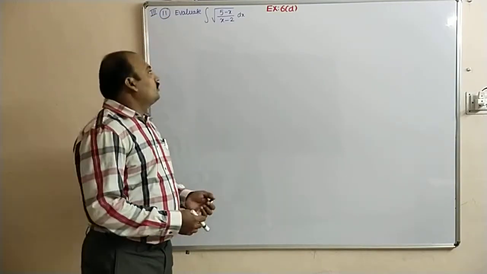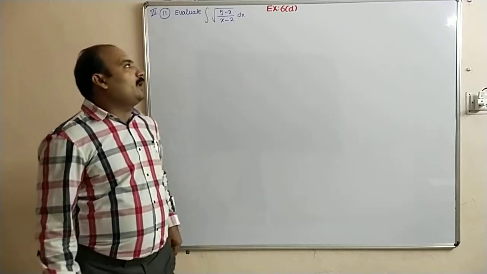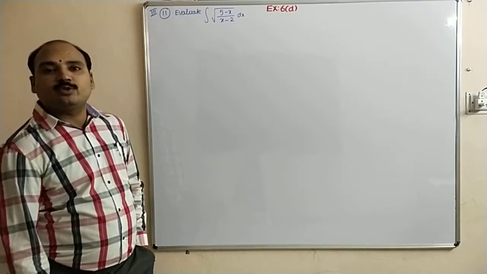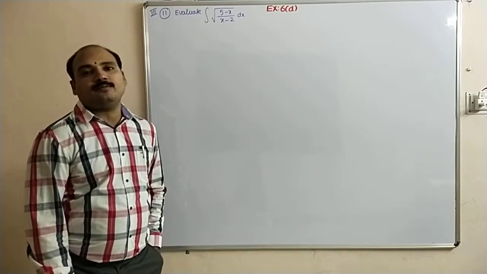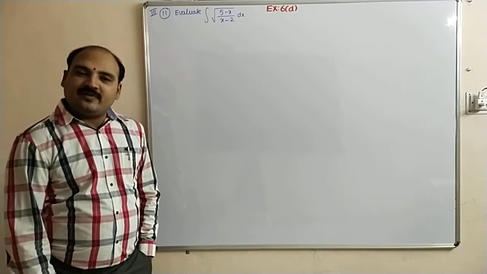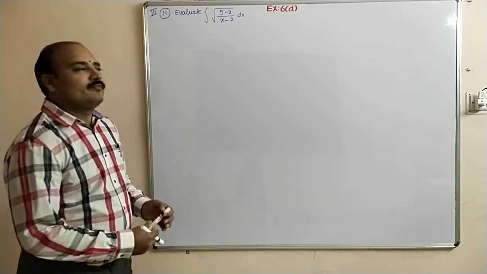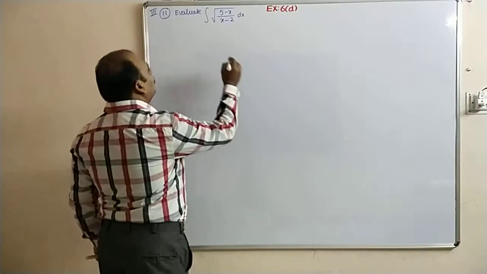The next question. Evaluate integral square root of 5 minus x divided by x minus 2 into dx. This is also like the previous problem, but we have to convert it into that form. See how it is.